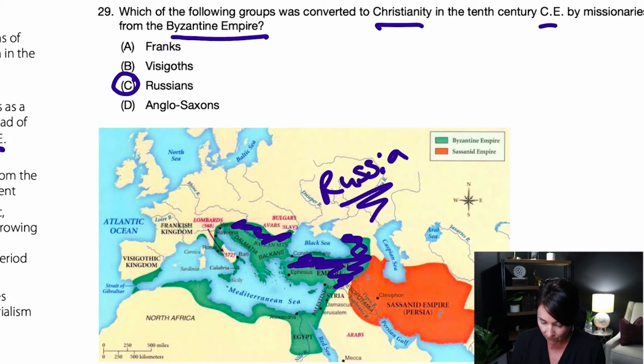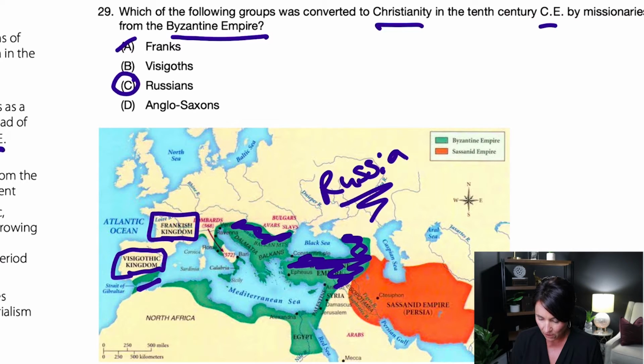Let's talk about this. First of all, we have the Frankish kingdom here, or the Franks. That's going to be France. And notice that the Byzantine Empire doesn't even really touch that portion. So I'm going to cross that off. The Visigoths were Germanic. So they were part of Germany and the Germanic Empire, and they're down here. Now, there is a little piece of the Byzantine Empire, this little green piece here, but certainly there's more of the Byzantine Empire over in this area.